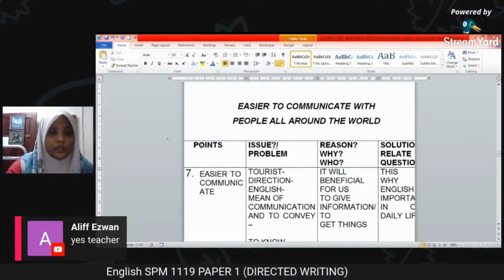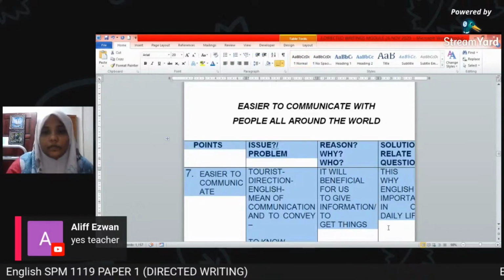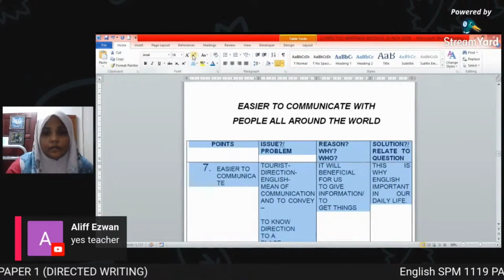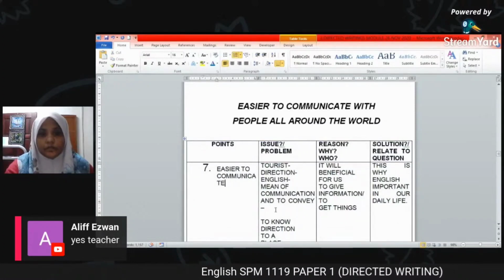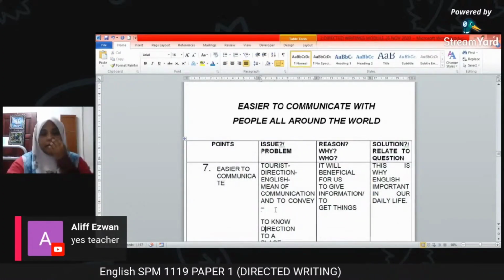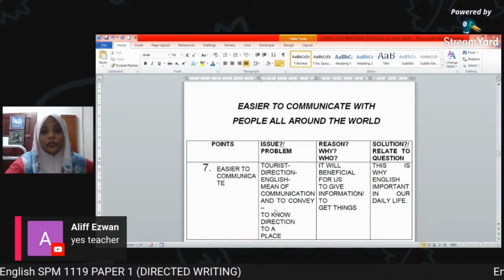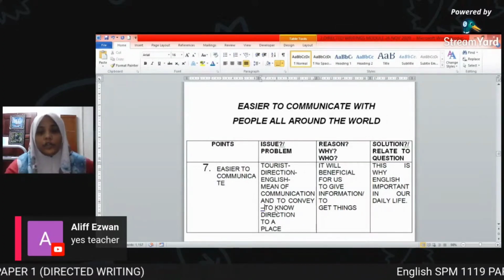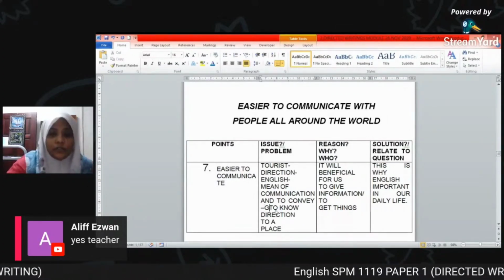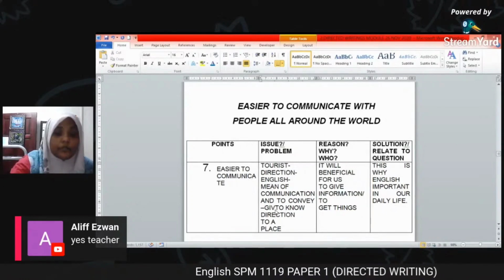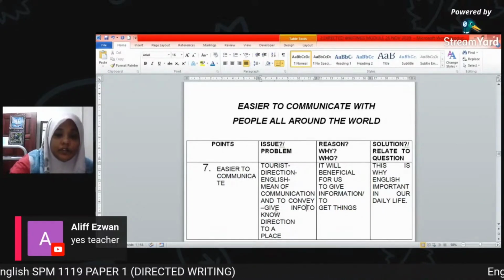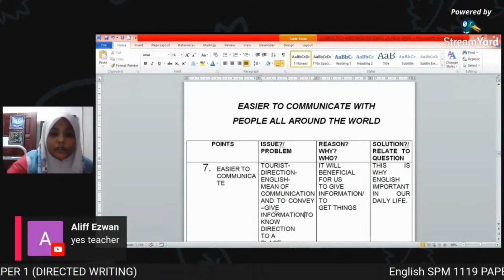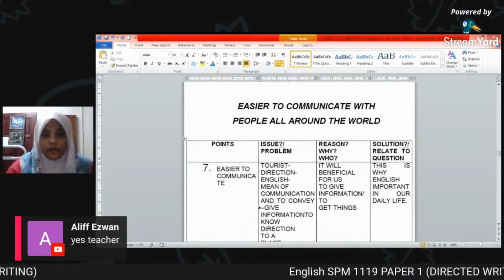Let me just reduce the size. Okay, better. Then only can you give the information. If you know the language, then only you can give information to the person who is asking, right?